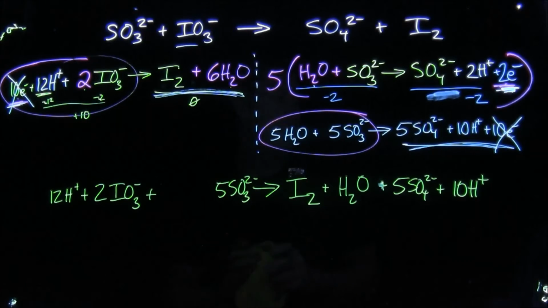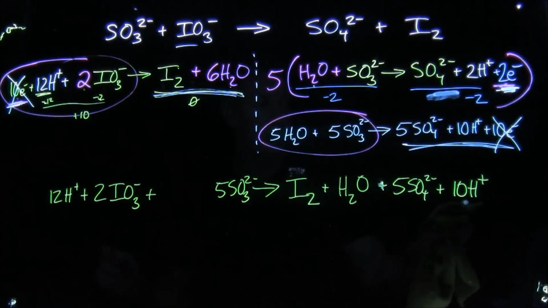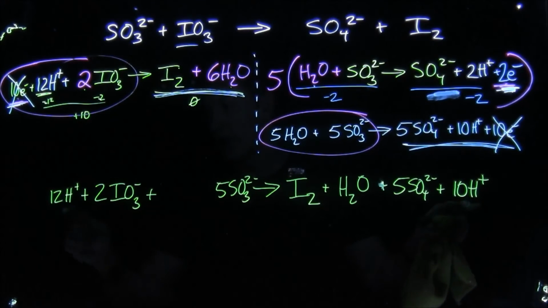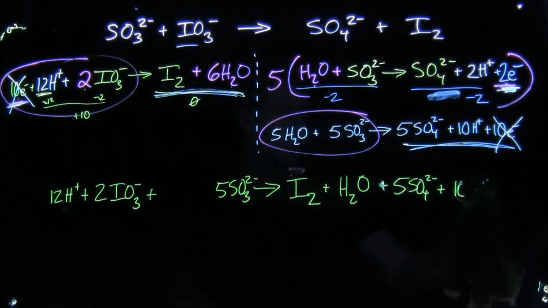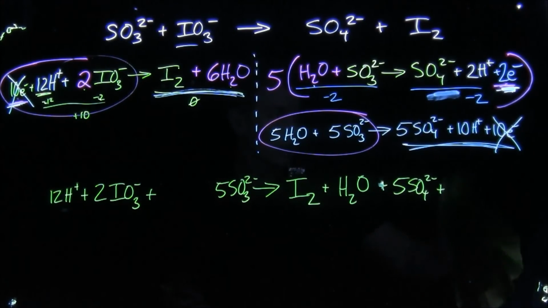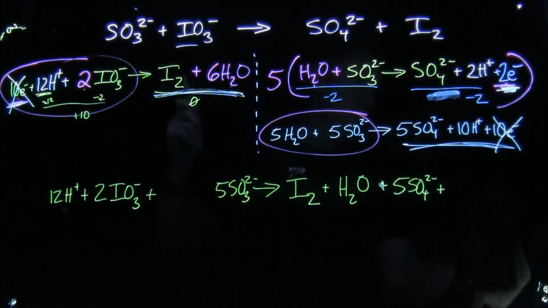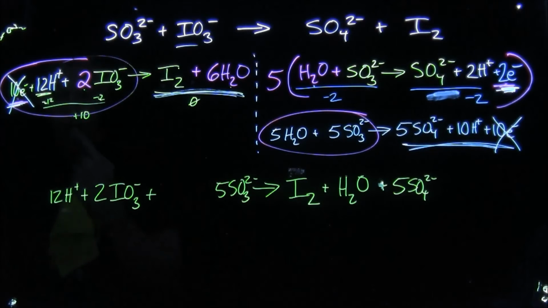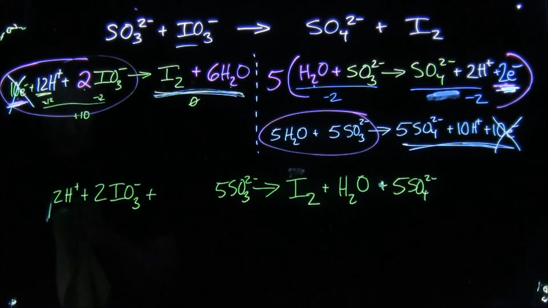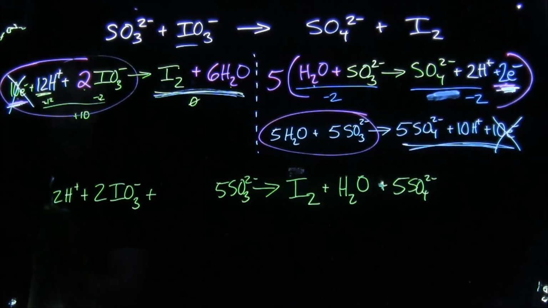All right, and then hydrogen ions. You got 10 hydrogen ions on the products. You got 12 hydrogen ions on the reactants. So we can get rid of 10 hydrogen ions on each side. So that knocks us down to 2 over here on the reactant side.